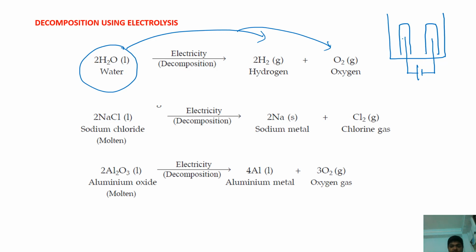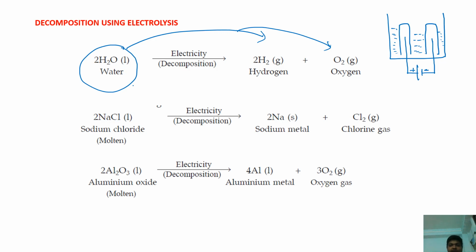As you can see, one carbon rod is connected with the positive terminal of the battery, and the other carbon rod is connected with the negative terminal. Here we are using a salt solution, and when electricity is passed through the salt solution, water is also present.